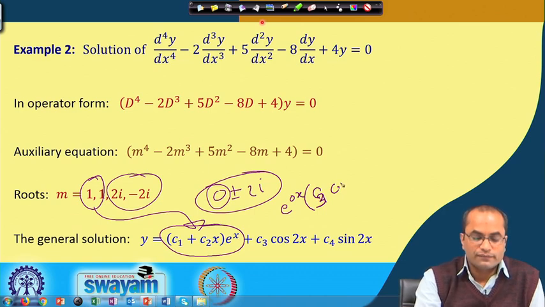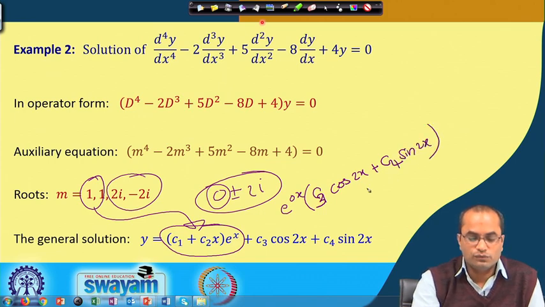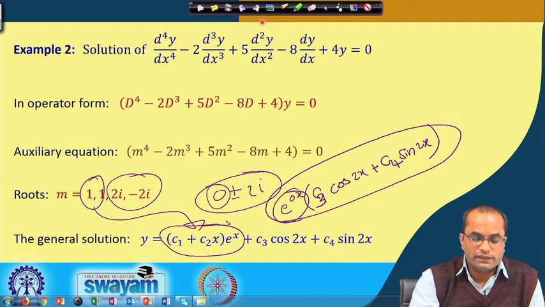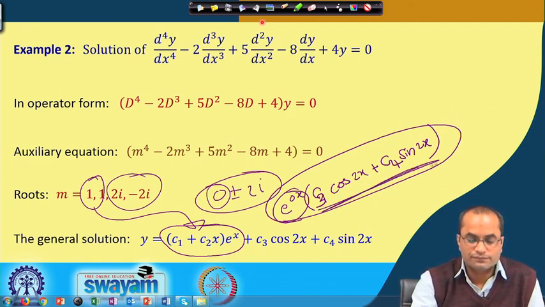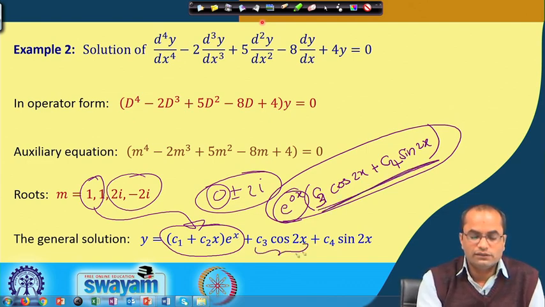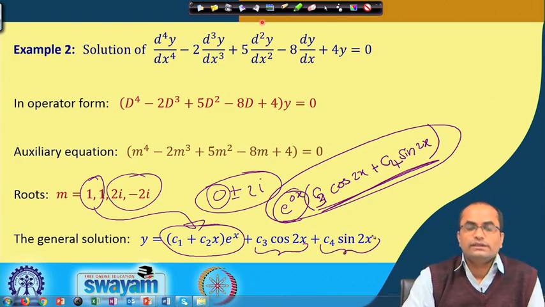So, C3 cos 2x plus C4 sin 2x. Here e to the power 0x is 1, so we are getting only the terms C3 cos 2x and C4 sin 2x.